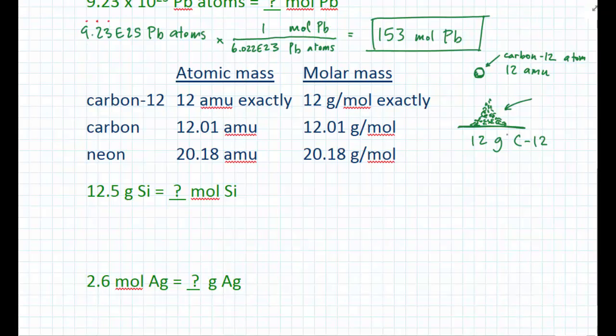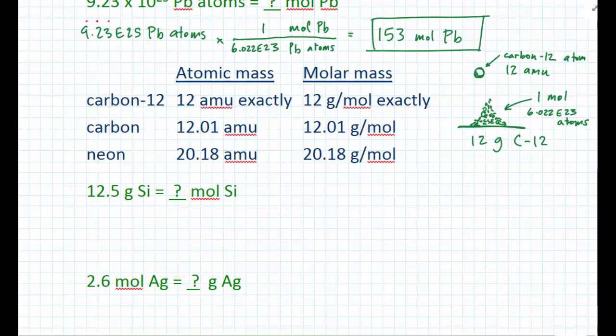How many atoms are in that pile? One mole. 6.022 E23 atoms. Okay? That's why Avogadro's number is the value that it is.